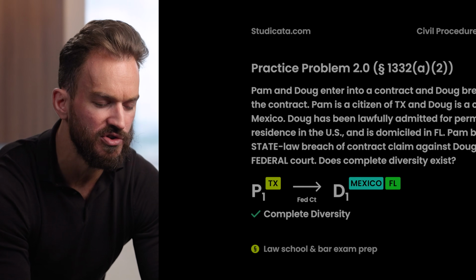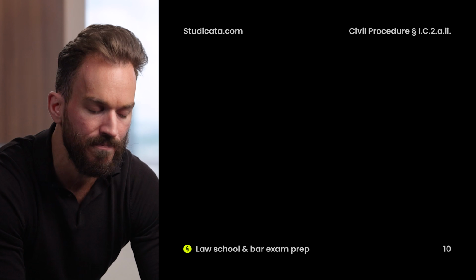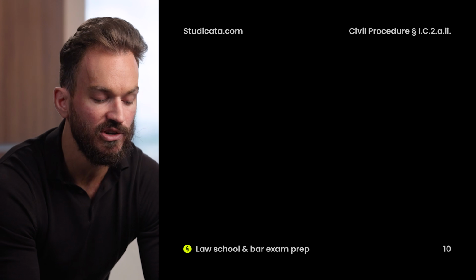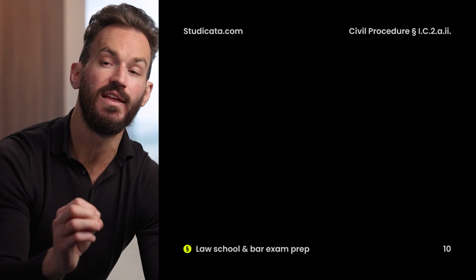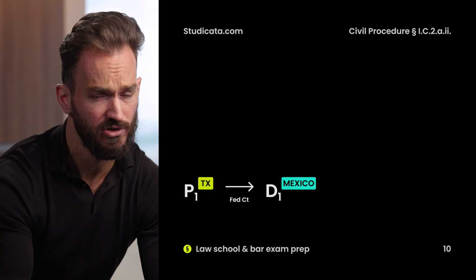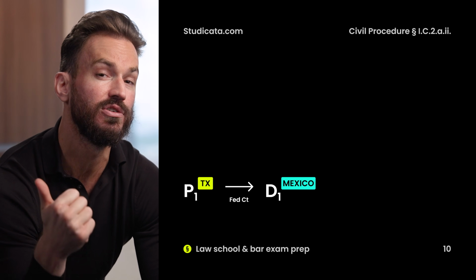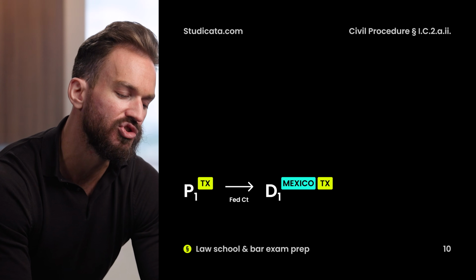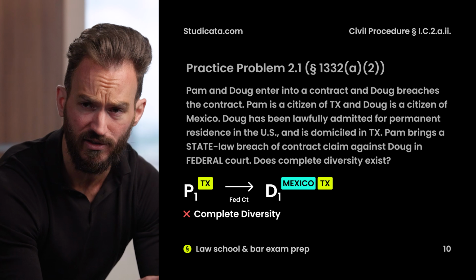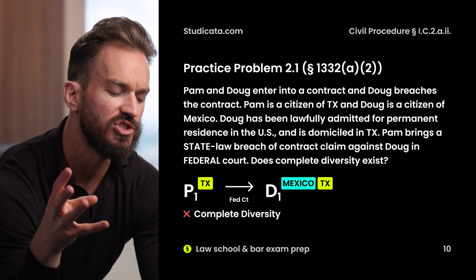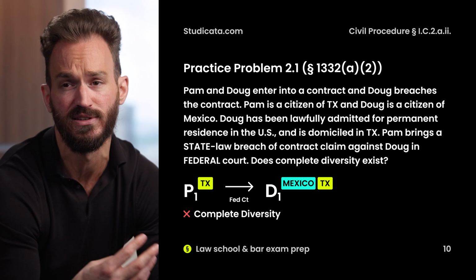I know it's a little bit confusing, but we can change it and see here. If we just change where that defendant from Mexico is domiciled, so they're still a lawful permanent resident, but now say they are domiciled in Texas, well, that's going to destroy complete diversity. This practice problem is the exact same. We've just changed where Doug is domiciled.